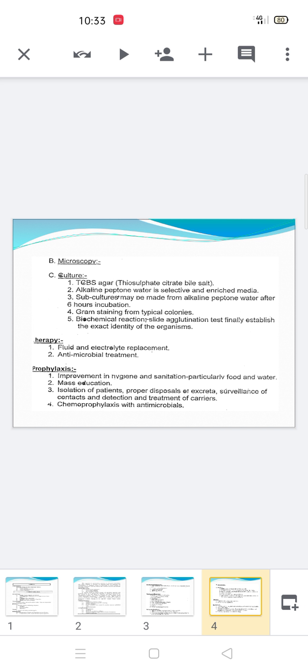This is the selective media for Vibrio cholerae. We can also use alkaline peptone water, and after growth we can confirm by gram staining, by biochemical tests, and by a slide agglutination test.